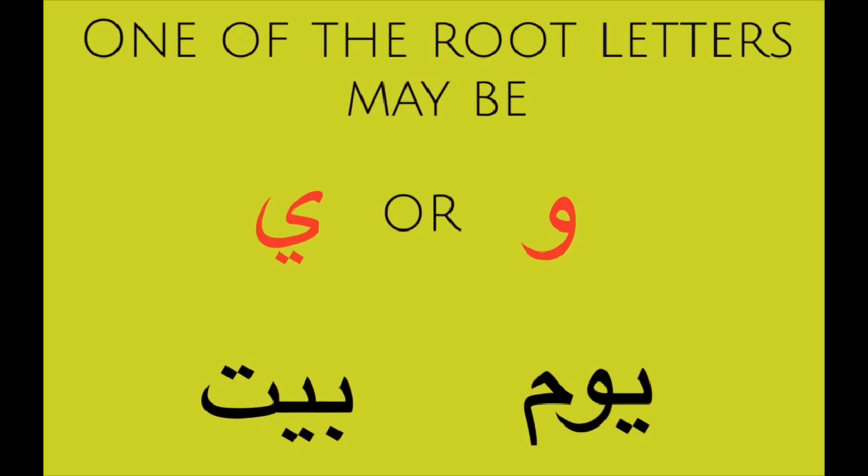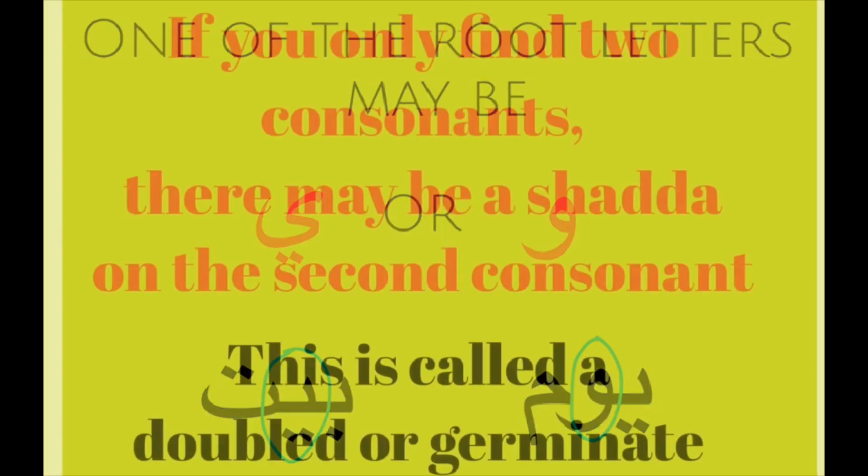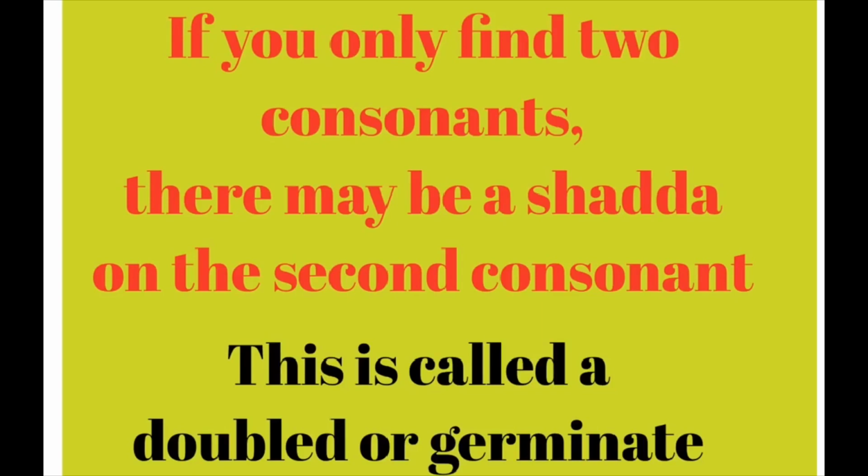For example, in the word yom, waw is a root letter. And in the word bait, ya is a root letter. If you look at a word and you only find 2 consonants, there may be a shedda on the second consonant. This is called a doubled or geminate root.